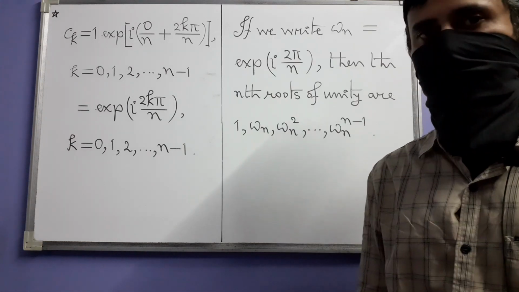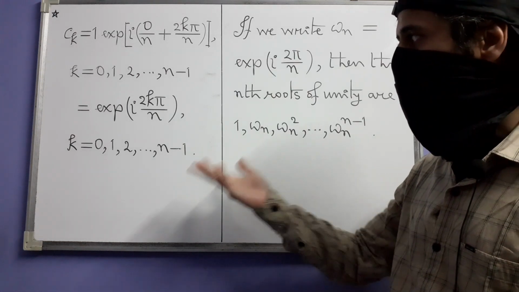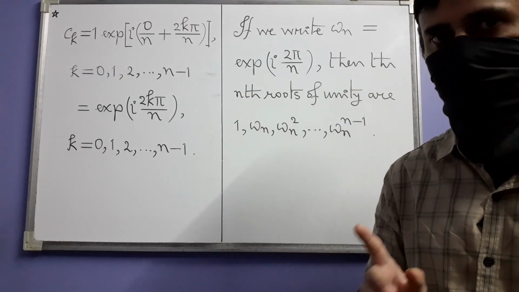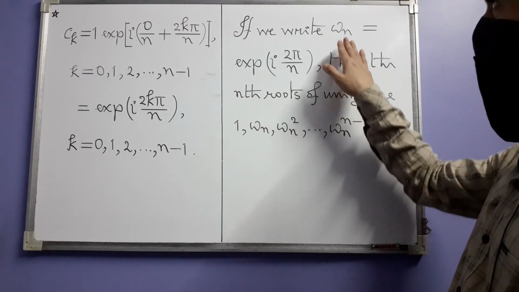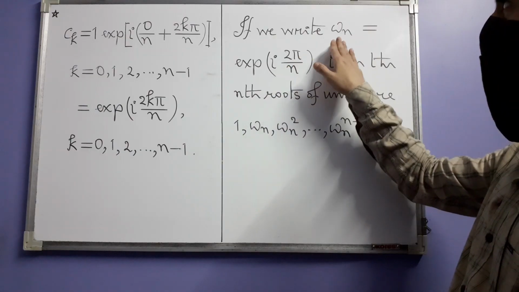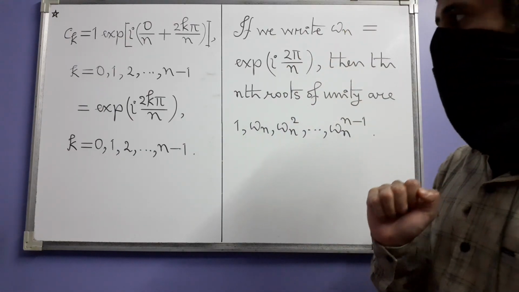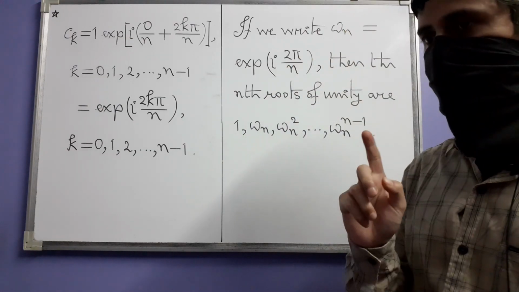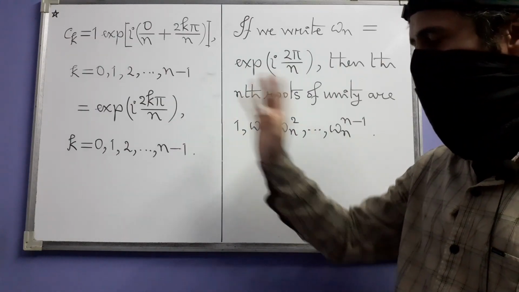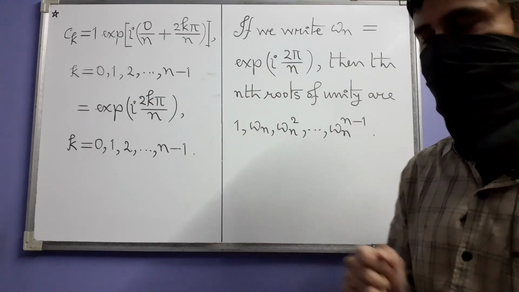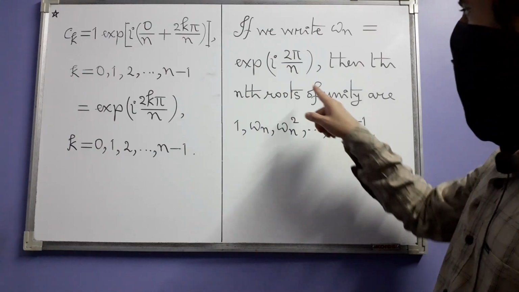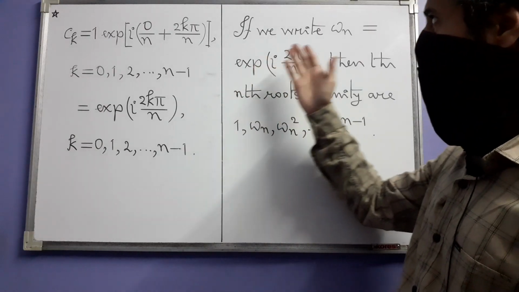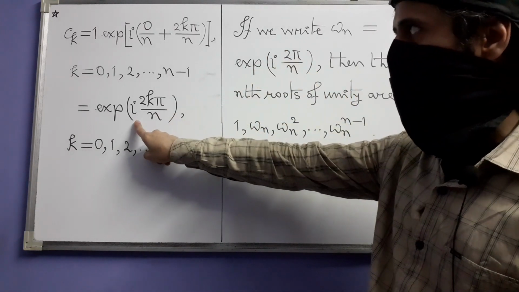Now suppose you concentrate on the nth root c1, which corresponds to the value k equal to 1, and you give it a new name. So you call it omega n. Then it's not difficult to see from properties of exponential form and their powers that the kth power of this omega n is just this ck.